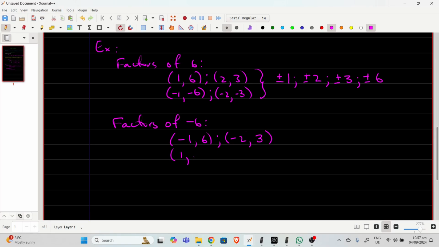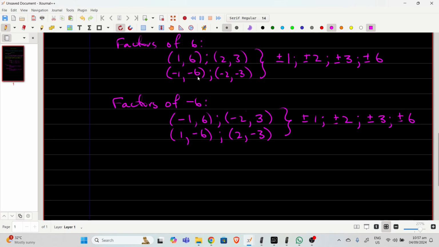Then 1 times negative 6 will give me negative 6, and 2 times negative 3 will give me negative 6. But if you look at the numbers, it's plus or minus 1, plus or minus 2, plus or minus 3, and plus or minus 6. So it remains the exact same thing. It doesn't matter if it's positive or negative.